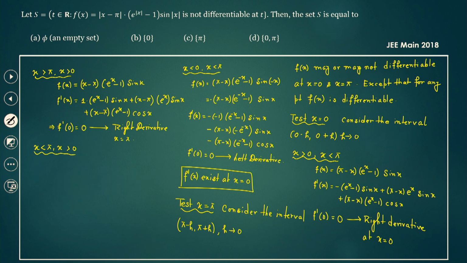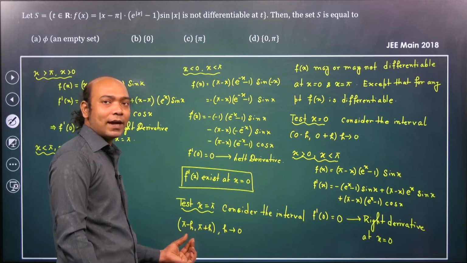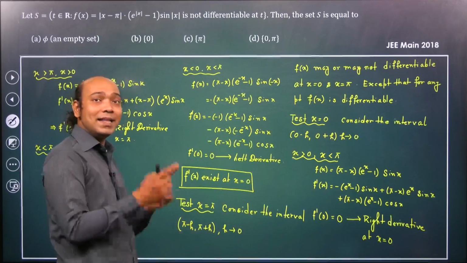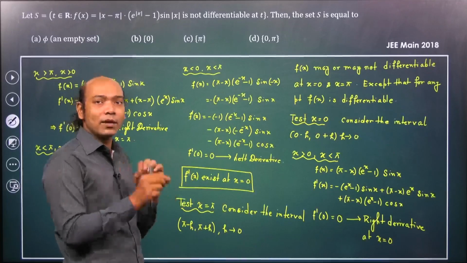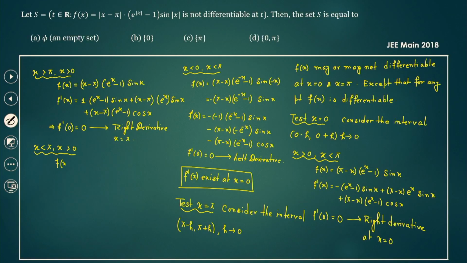So in that case, we are taking pi minus h, pi plus h. Taking x less than pi means inside that interval, so we cannot ignore that interval. Here f(x) for x less than pi, the mod will change to pi minus x and the remaining will be as it is: e to the power (x minus 1) sine x.